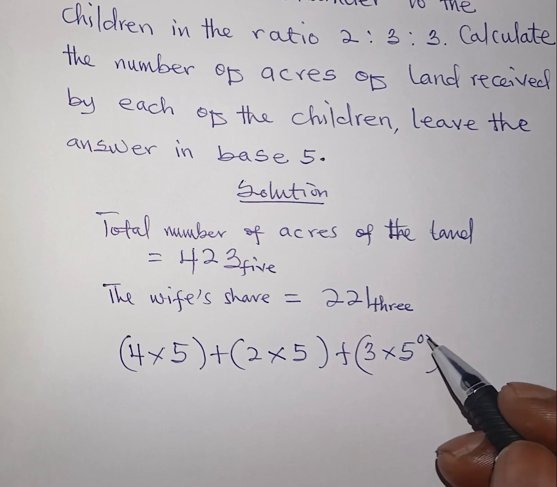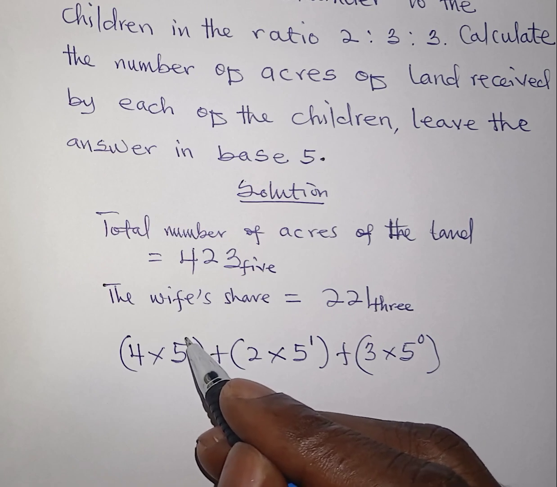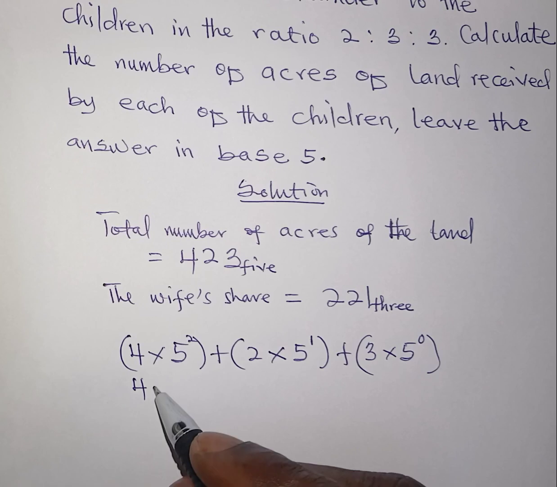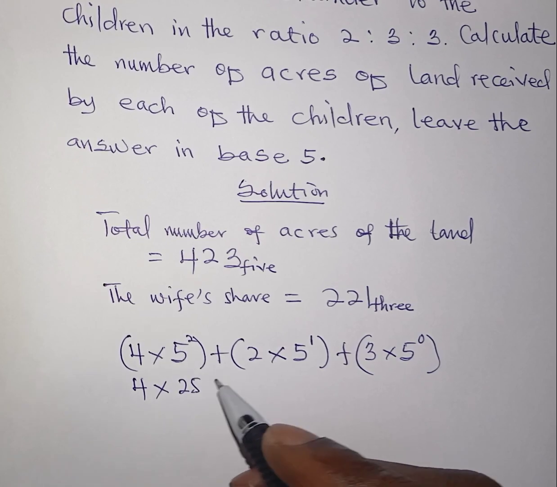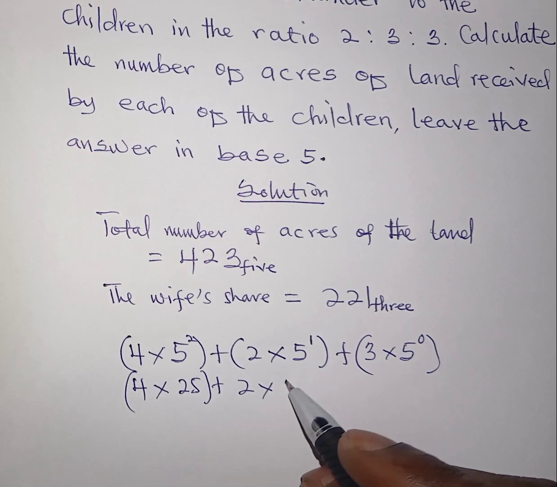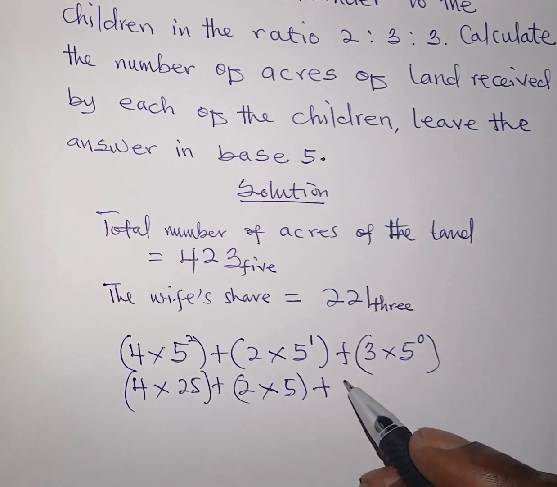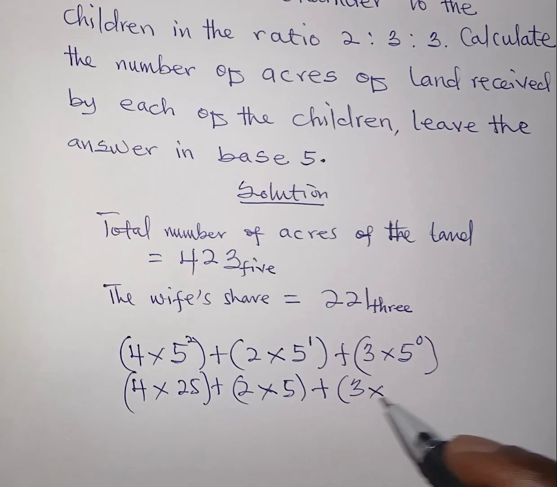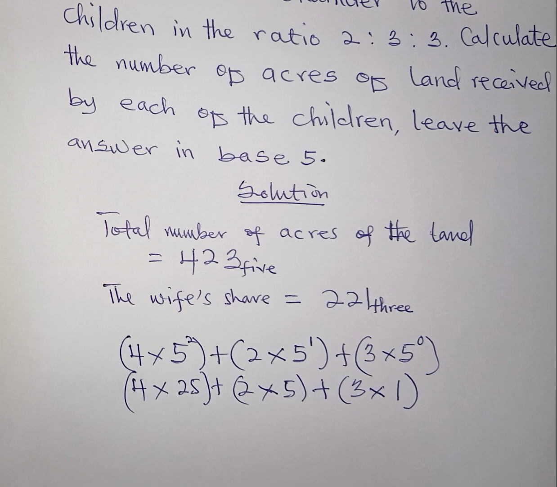We start with the ones, that is 0, the tens, that is 1, the hundreds, that is 2. Then 4 times 5 exponent 2 gives me 100, plus 2 times 5 exponent 1 is 10, plus 3 times 5 exponent 0, which is 1, because any non-zero number exponent 0 gives 1.